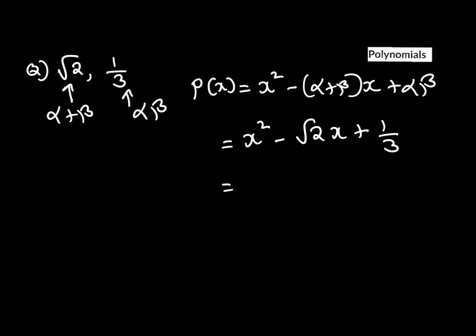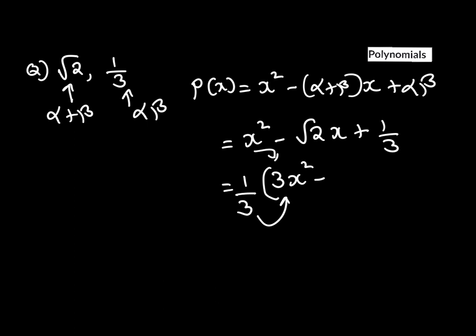Now since we have a fraction, we can remove 1 over 3 as a common factor. So what do we get? If I remove 1 over 3 as the common factor, x squared can be written as 3x squared, because if I multiply these two, I will get back x squared.